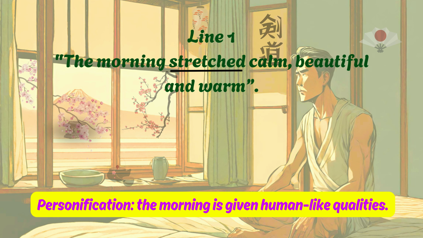The morning stretched calm, beautiful, and warm. It is an example of personification, as we know that personification refers to giving human qualities to non-human things, right? So, the very first line of the poem is an example of personification because the morning here is given human-like qualities, as if the time of the day is a living being and it is stretching itself casually, right?